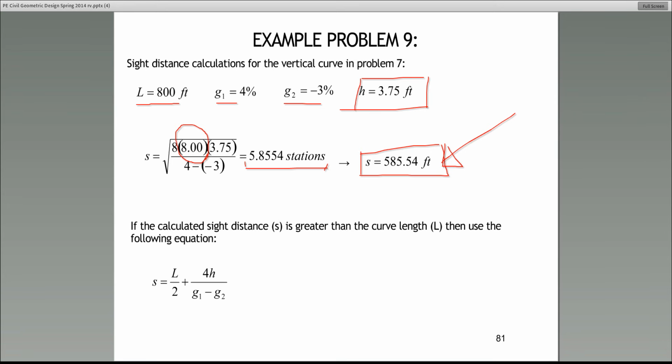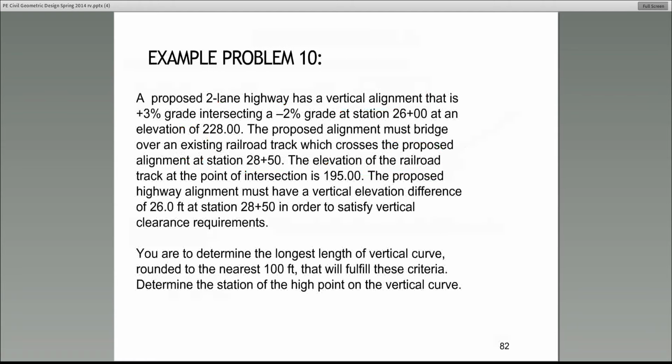Next, let's move on. Okay, this particular problem, this is the last concept that I want to share with you, and this deals with the concept of vertical clearance. Vertical clearance, which you're responsible for, all right? So let's see what we can do here.